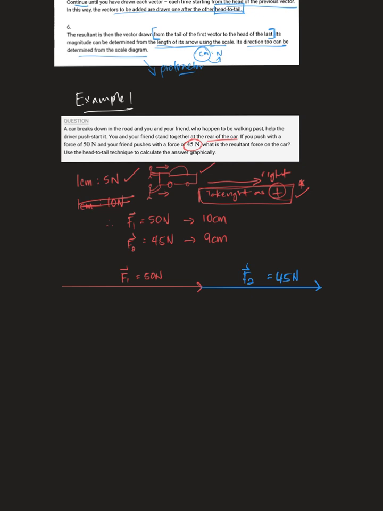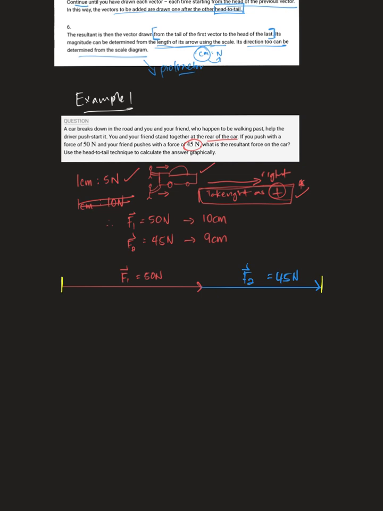Alright, now the question is asking us, what is the resultant vector? So, if I take my ruler and I measure from here to here, that vector there is my resultant vector.